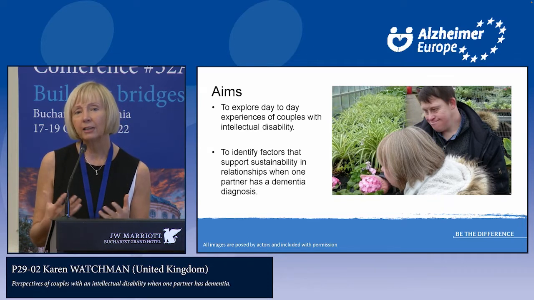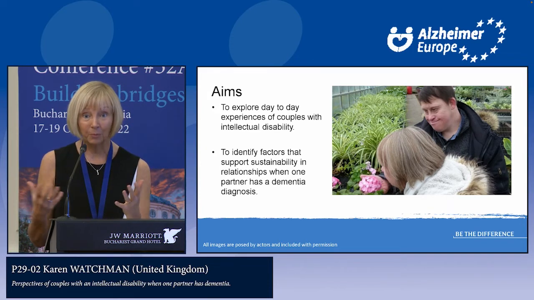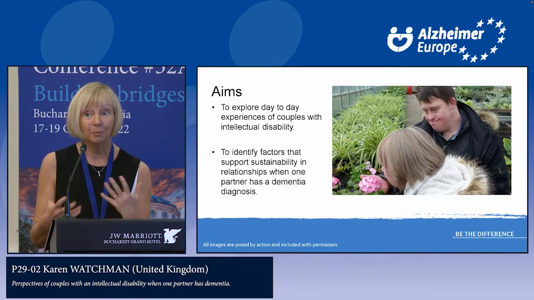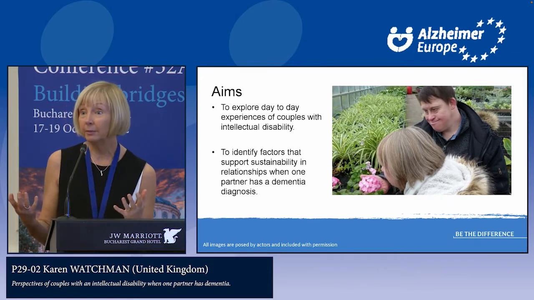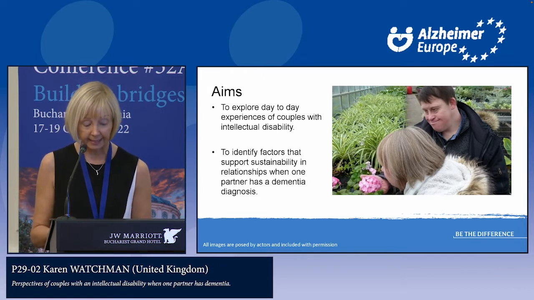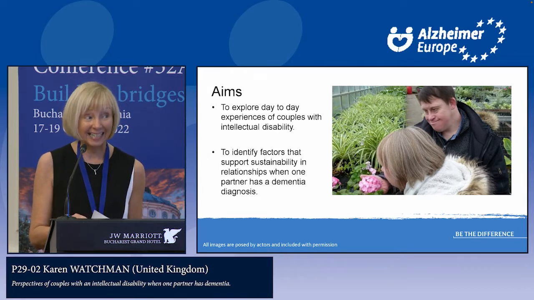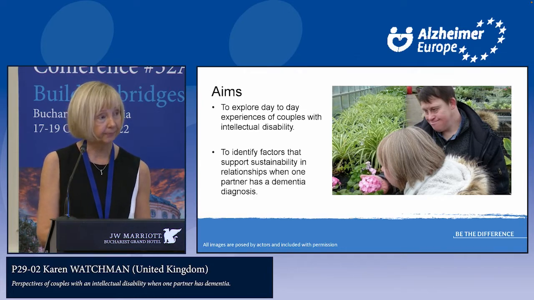And we know there are challenges in relationships where the couple don't have intellectual disability and one partner has dementia. So actually, what are the complexities around that? What supports may already be there and what supports are needed in terms of maintaining that relationship and getting that insight? So that was really our starting point.